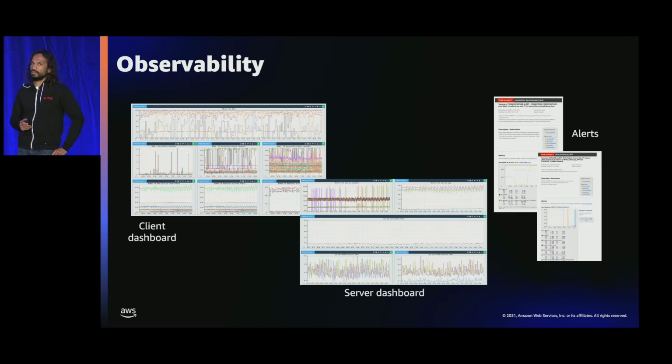We collect metrics. These are on top of the metrics that are provided by AWS, by the way. We collect metrics from the client side, from the server side, and everything in between. We also have a system where we can configure and see dashboards on different components of the system.